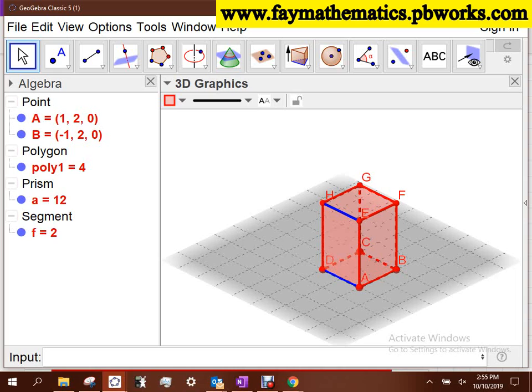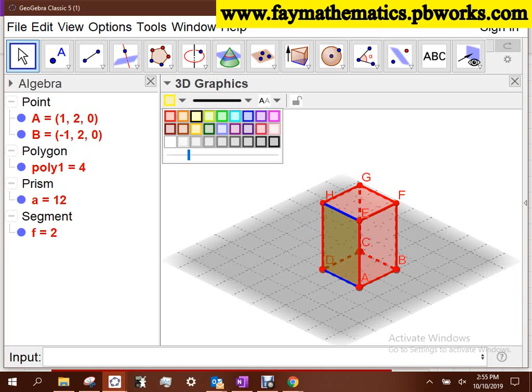You agree that they're both in that plane right there, right?